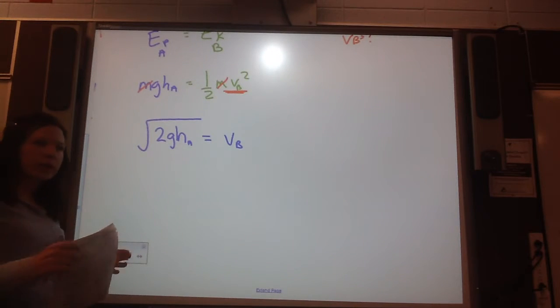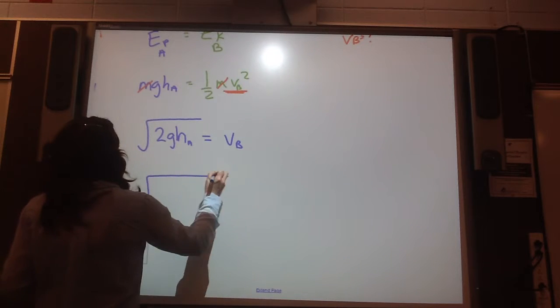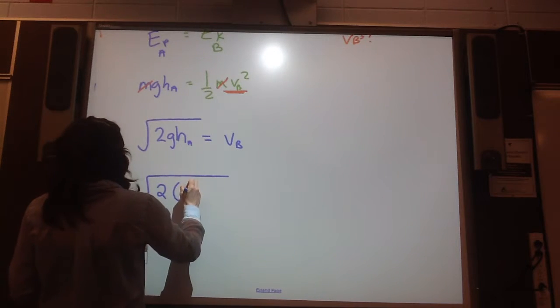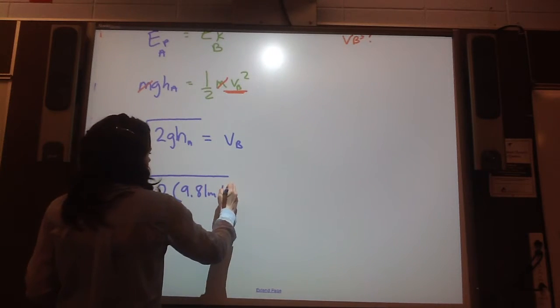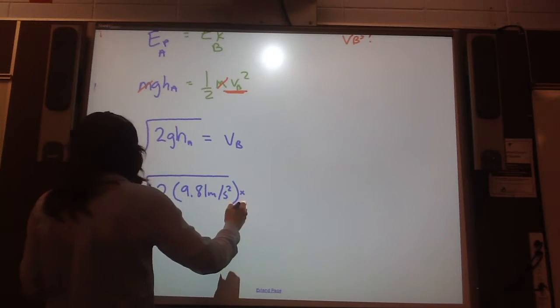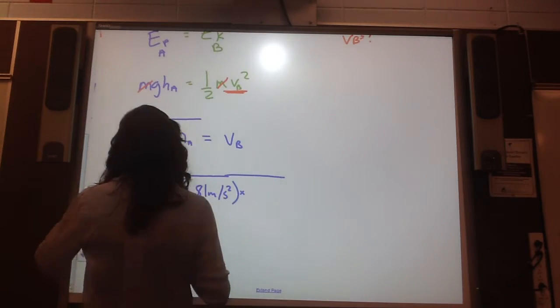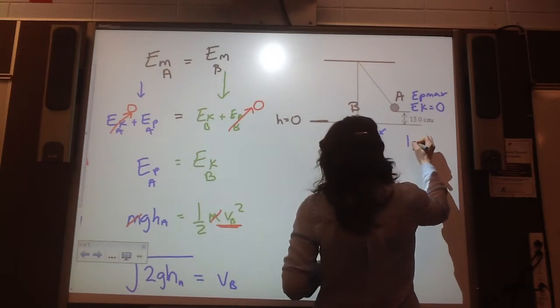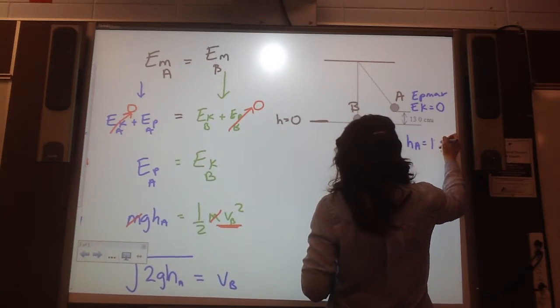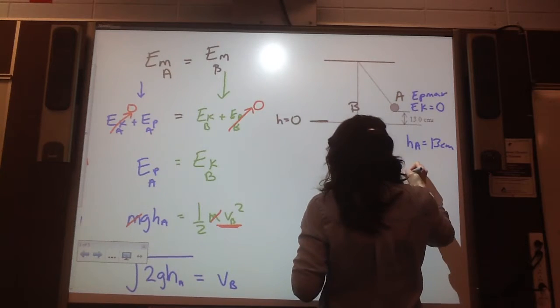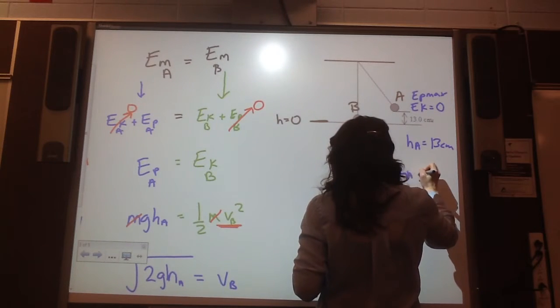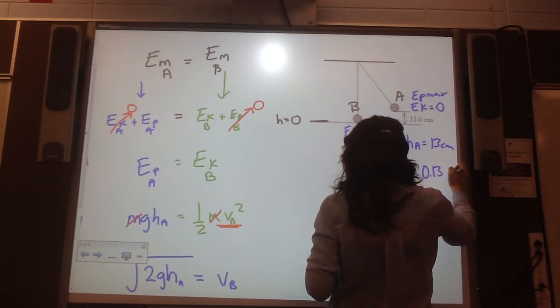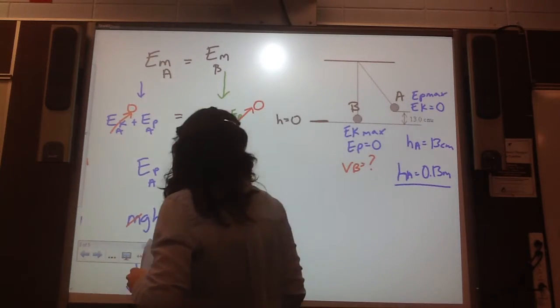Now I just plug it in. So I know the square root of 2 times 9.81 meters per second squared times hA, which I probably should have written down before. hA is equal to 13 centimeters. I need to work in meters, so it's 0.13 meters is hA.